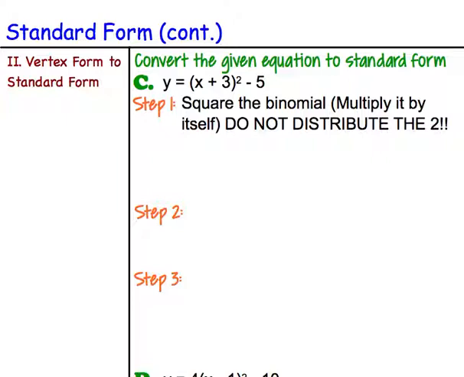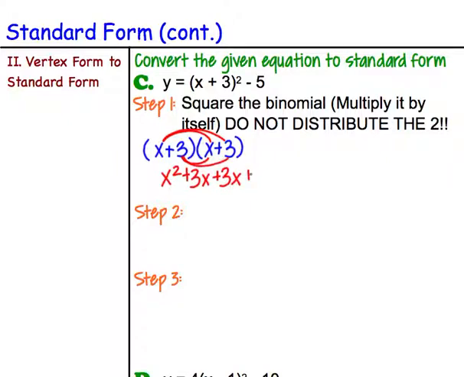So first we're going to take x plus 3, the quantity squared, which means x plus 3 times x plus 3. If we go ahead and distribute that, you get x squared plus 3x plus 3x plus 9, which means that when we combine our plus 3x and our plus 3x, we're going to end up with x squared plus 6x plus 9.